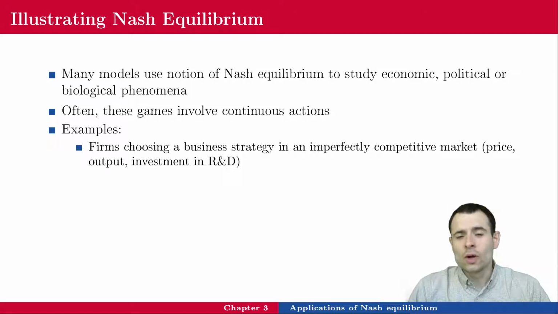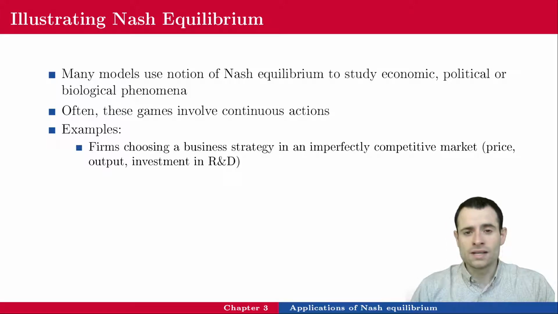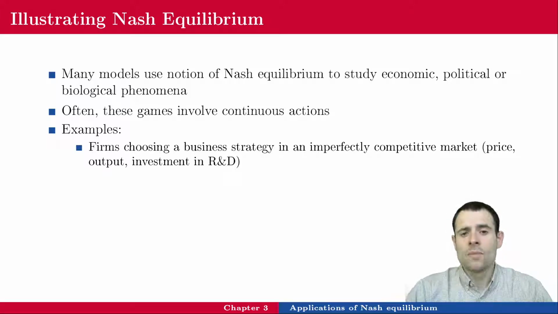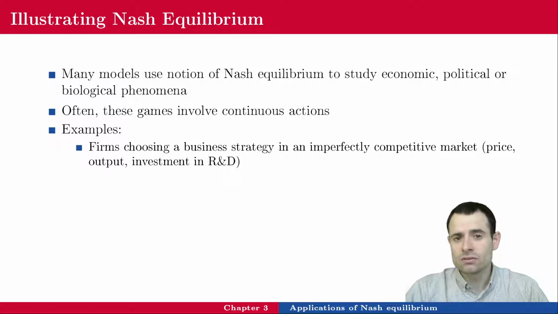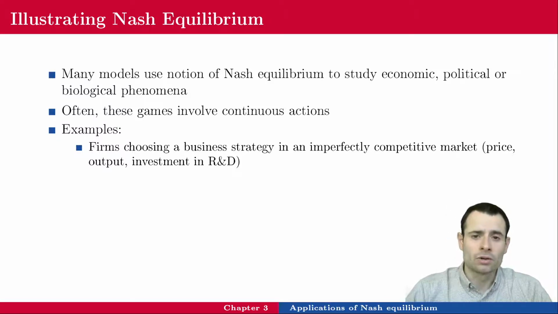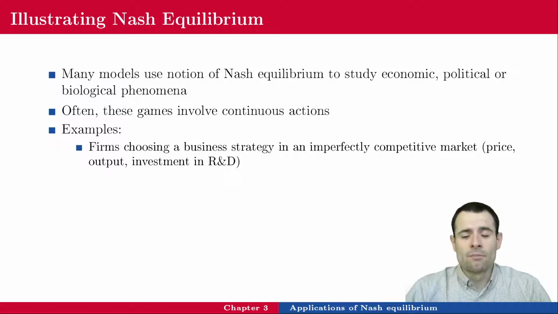Because of that, firms are going to choose maybe the price, maybe the quantity, maybe some investment strategies in order to acquire some assets to produce, or maybe investments in research and development that maybe in the short run will imply huge costs, but in the future might lead to some innovation, and that might lead to more market power. Even more, maybe even a monopoly status thanks to a patent.